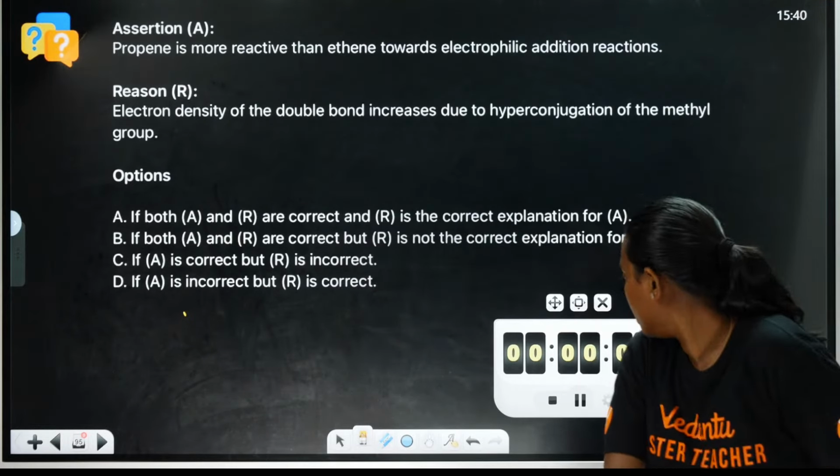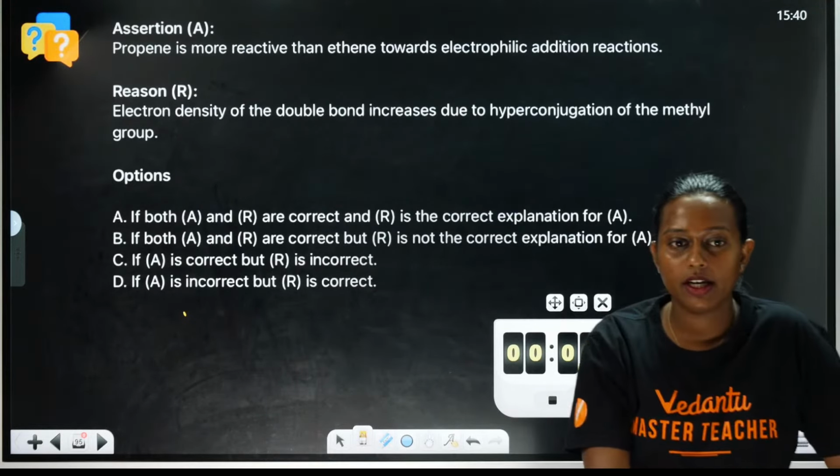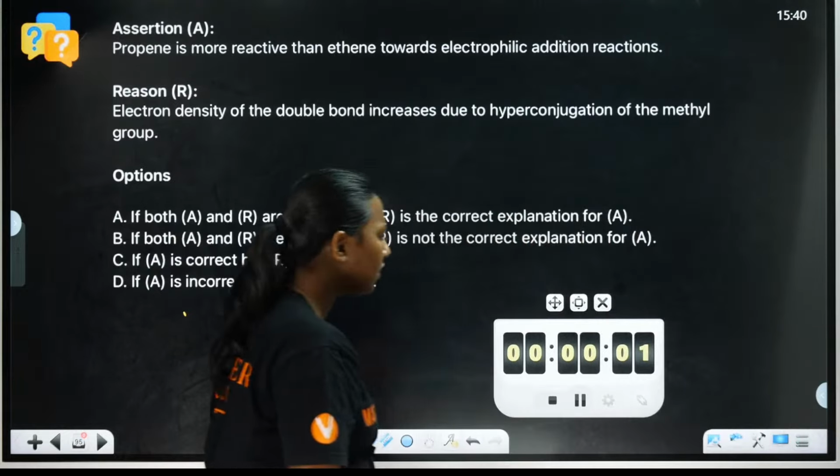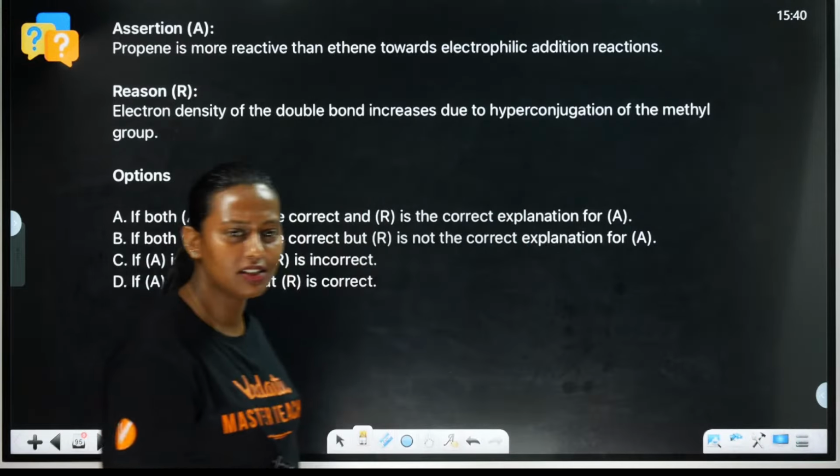Come on, 5 seconds more. Any answer? No answer. Is it really a tricky question?